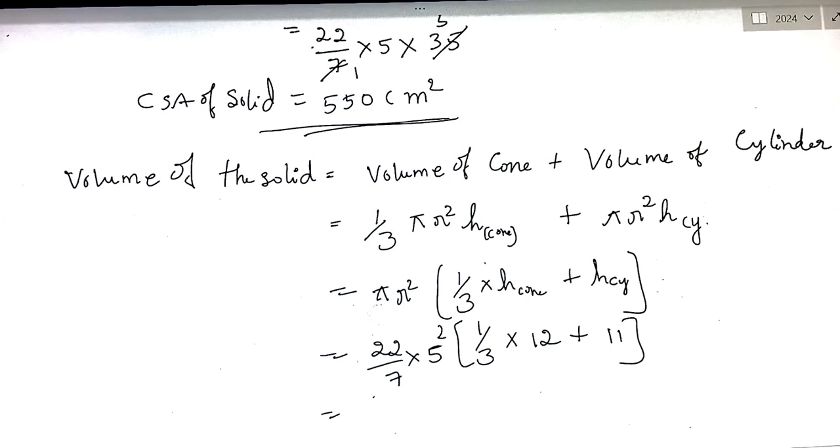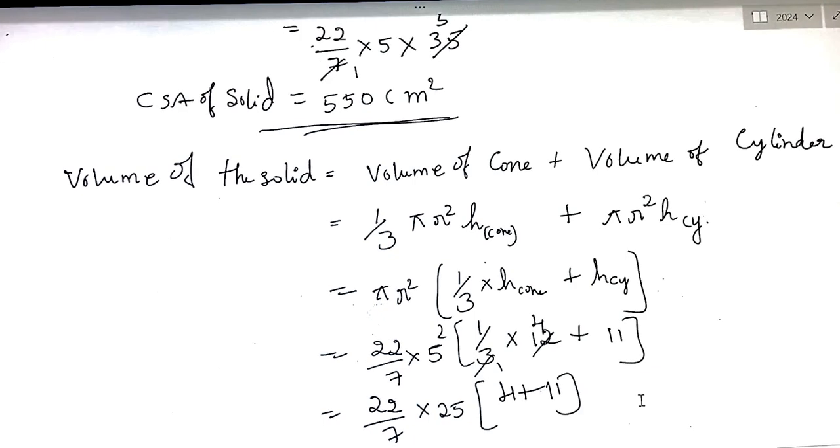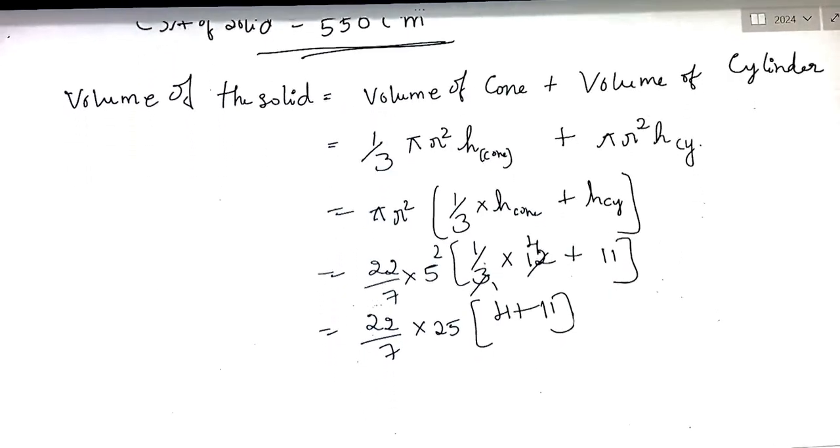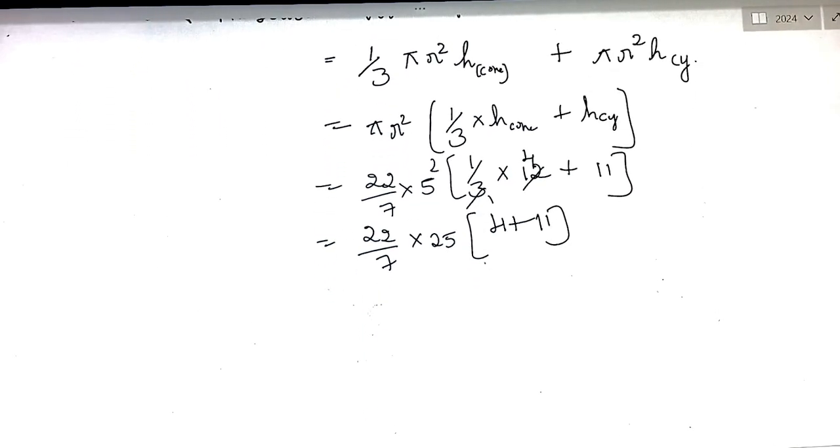Okay, so further, if we simplify this, 22 by 7 into 5 square is nothing but 25. So 1 by 3 into 12, whereas 3 ones are 3, 3 fours are 12, so 4 into 1 means 4 plus 11. Okay, so if we simplify it further, then we'll get 22 by 7 into 25 into 11 plus 4, which is nothing but 15.